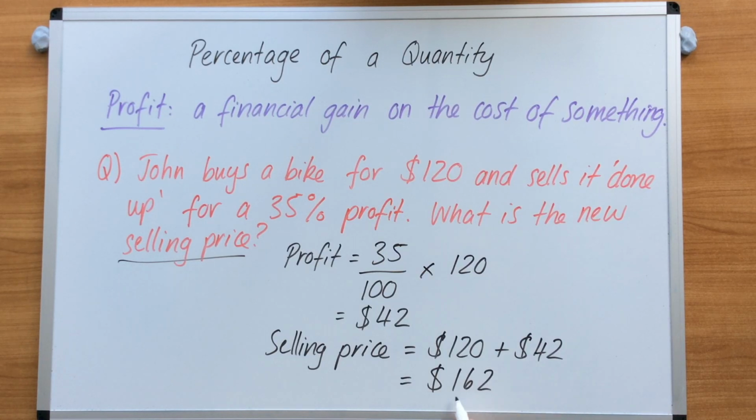So the new selling price is $162. Okay? We figured out 35% of that increase is $42. So we go original price plus the profit, the increase he's made at 35%, add it together to get $162. Okay? So while decrease and discount is a subtraction, when we profit and increase, we add.